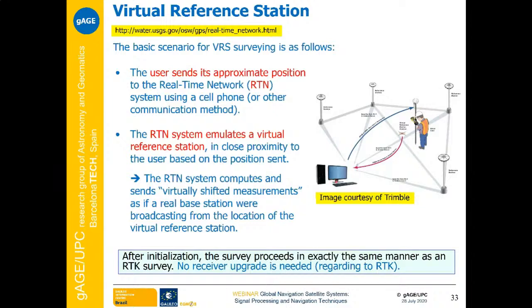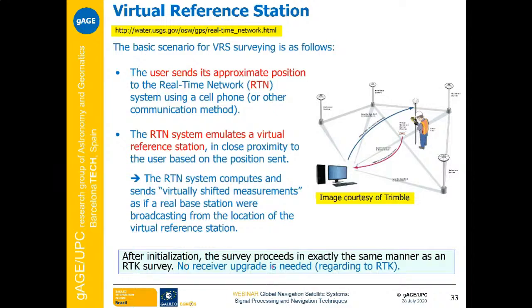And the central processing facility, using the information of the reference station network, emulates a virtual station, like a real station but virtual, close to the user, where in the generation of this virtual station the atmospheric propagation model has been taken into account in order to generate the conditions close to the user. And then the user can proceed in the same manner as in a typical RTK survey.